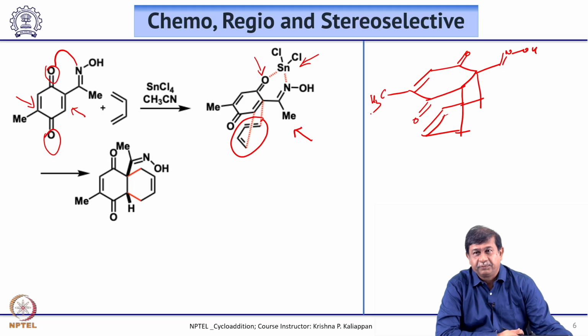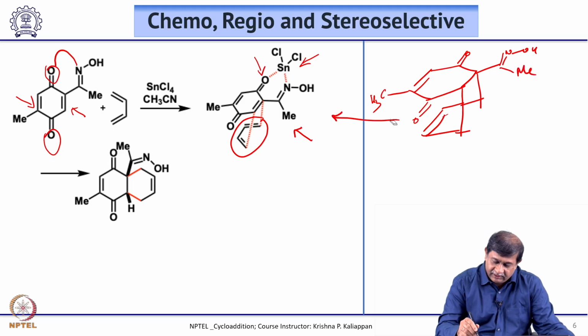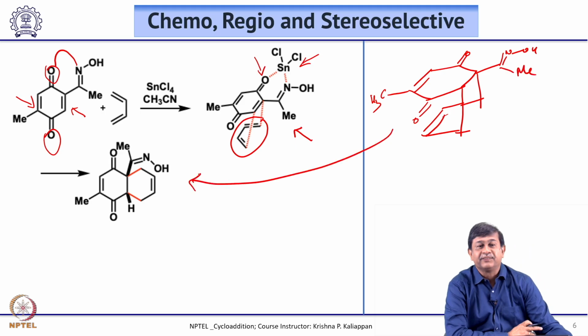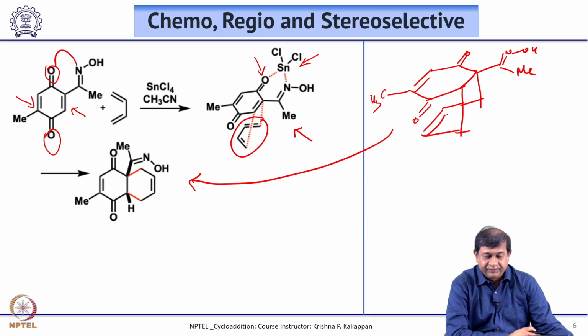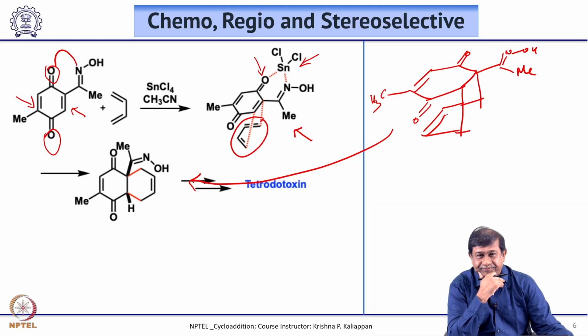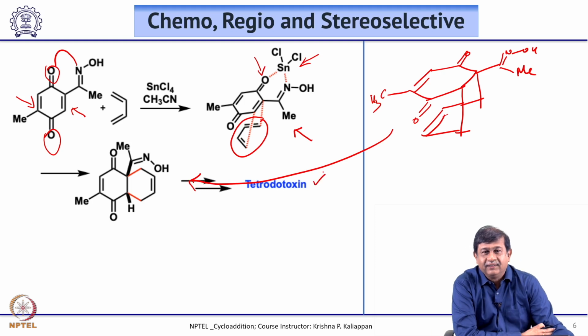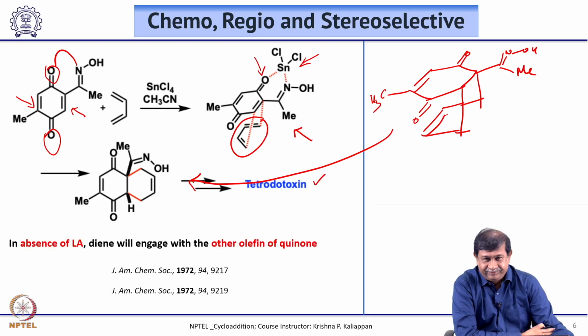So, this is how the product will be, and if you can redraw this structure, this will be this product. Okay. So, the use of Lewis acid can control the chemo, regio and stereoselective outcome of the Diels-Alder reaction. Okay. And this is the key intermediate in the total synthesis of a highly toxic natural product called tetrodotoxin.